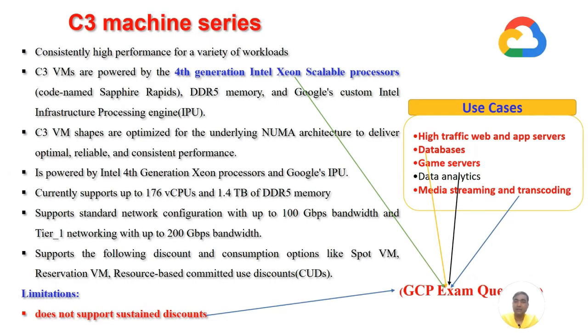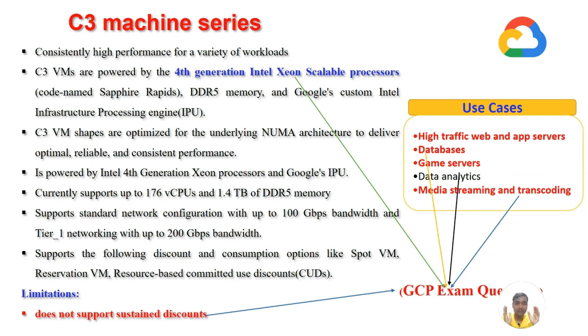Guys, let's finally discuss the C3 machine series. As you can see here, C3 VMs are powered by the 4th generation Intel Xeon Scalable processor, and C3 VMs are optimized for the underlying NUMA architecture to deliver optimal, reliable, consistent performance. It has some limitations, like it doesn't support sustained use discount, and it is a best fit for high traffic web and app servers.